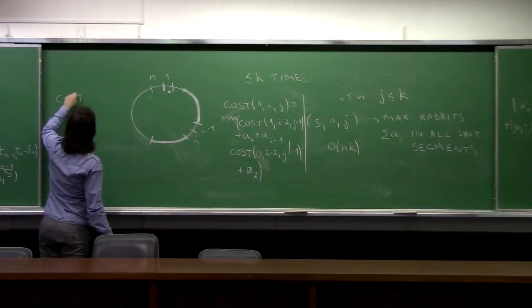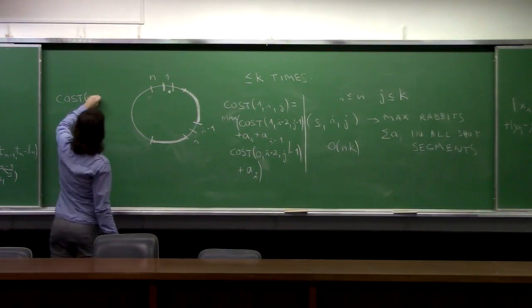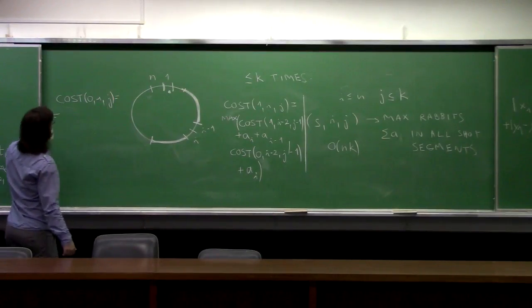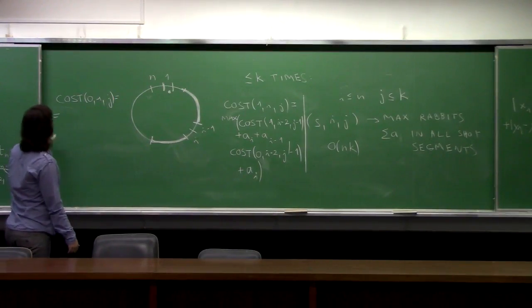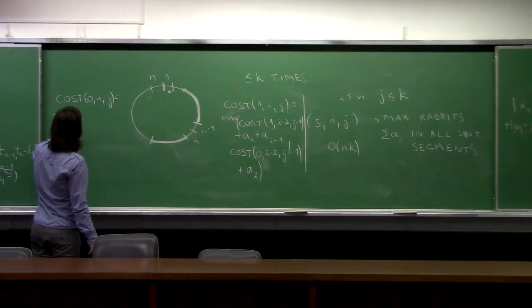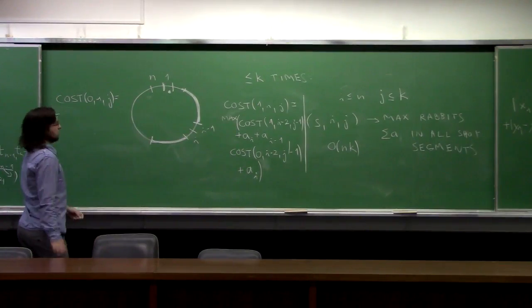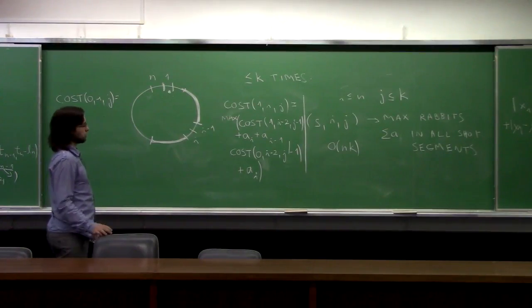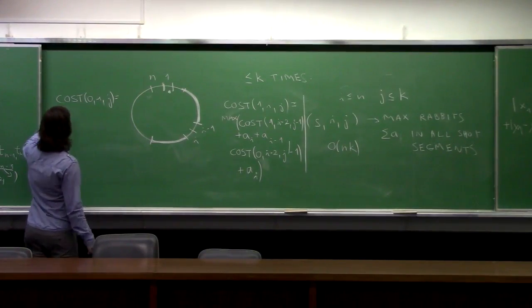then cost 0 i j is equal to, well, either place i minus 1 is short or place i minus 1 isn't short.